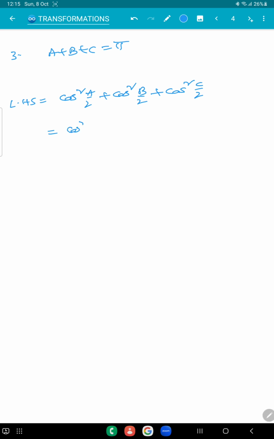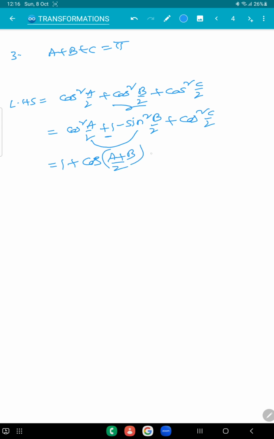So I am writing cos square a by 2, and instead of cos square b by 2, I am writing 1 minus sine square b by 2, plus cos square c by 2. Now observe, this one is written here, 1 plus. So cos square a minus sine square b is equal to cos (a plus b) into cos (a minus b), plus cos square c by 2.